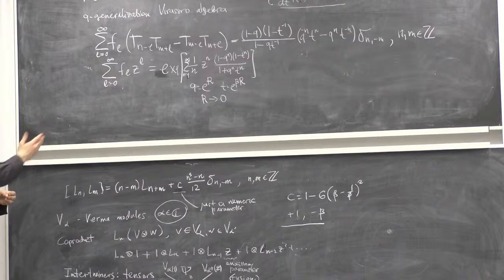No, this is a very natural algebra from many perspectives, except it's not an associative algebra. Wait, but you write commutation relations. They will define an algebra. Given generators and commutation relations, you can define an algebra.